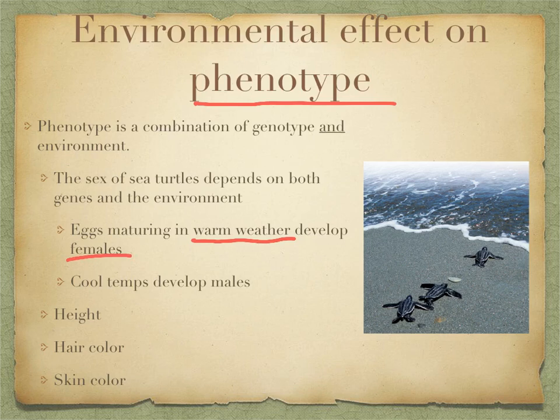With cooler temperatures, those eggs would develop into males. Height is also dependent on environment. If you're not getting the proper nutrition, you're not going to grow as well as you could. Hair color can get bleached out due to sun. Skin color, you can get tan because of sun. All these things would contribute to the expression of that particular trait.